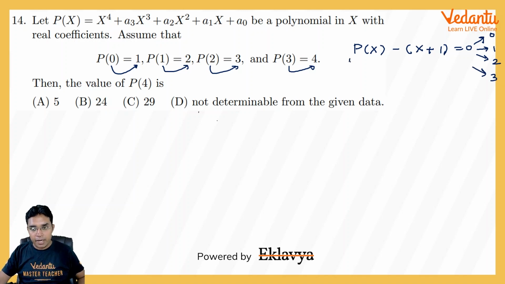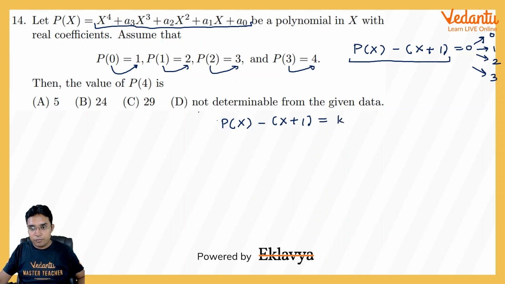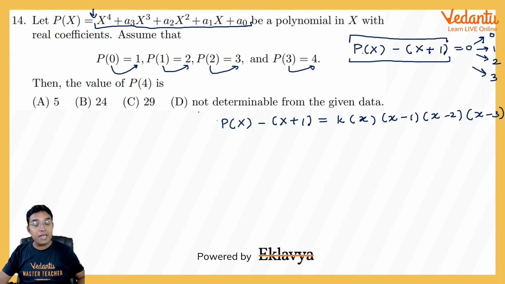So what we have obtained is that this expression, which is a biquadratic, has 4 roots: 0, 1, 2, 3. So why can't we say directly by the factor theorem that px minus x plus 1 will have these 4 factors: x minus 0, x minus 1, x minus 2, and x minus 3. In fact, this leading coefficient will also be 1 because the x power 4 term in this expression will come from px only. X plus 1 is just linear. So this k will also be 1.